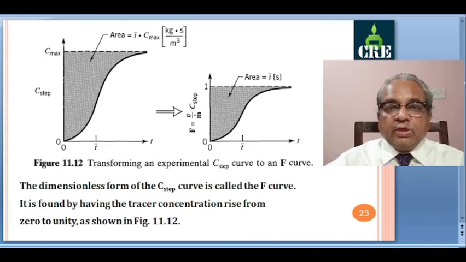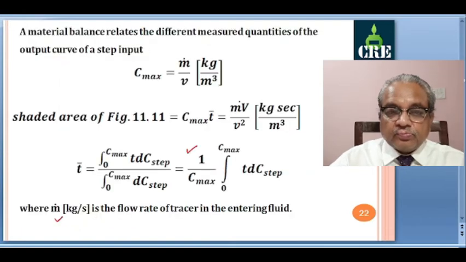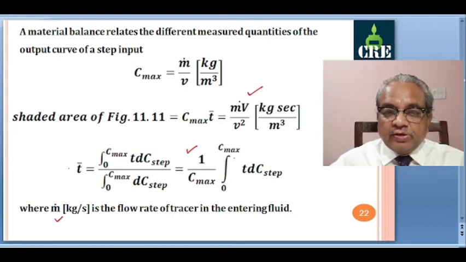You can see this area is T bar into C max, which is equivalent by mass balance calculation, and is represented by the integral 0 to C max of t dc step.